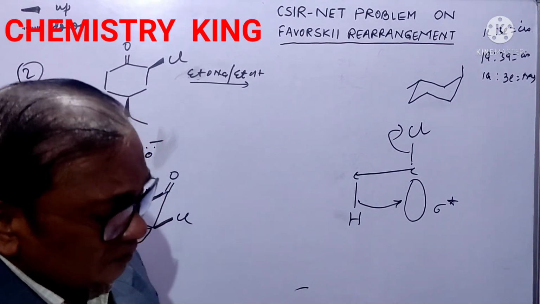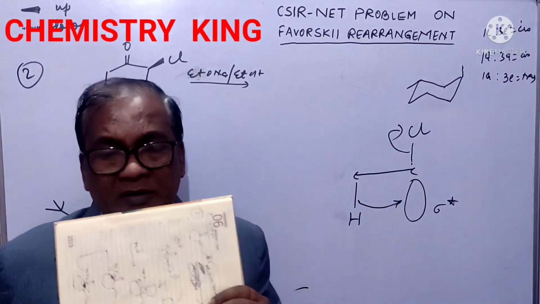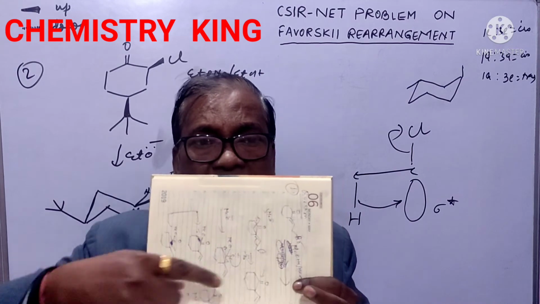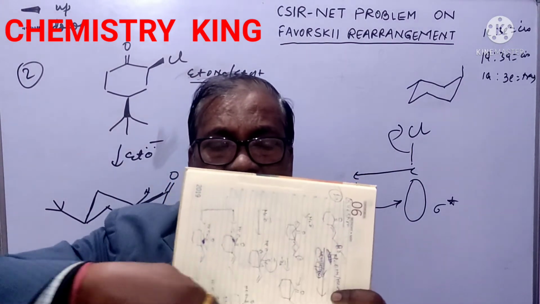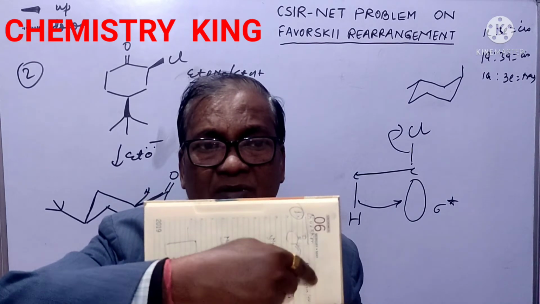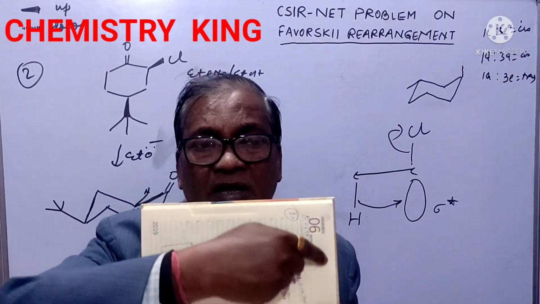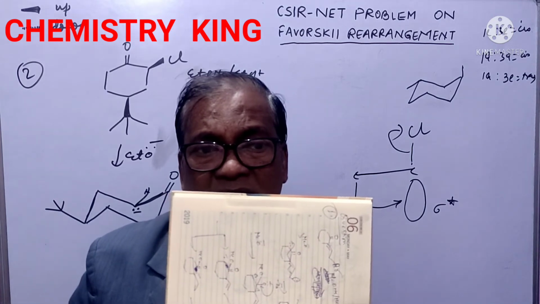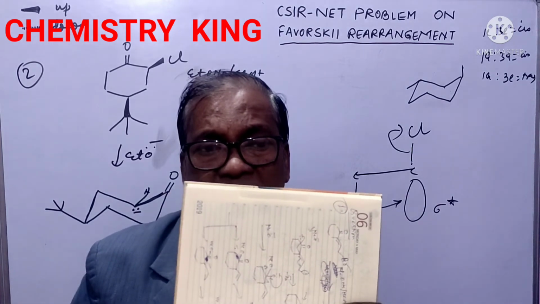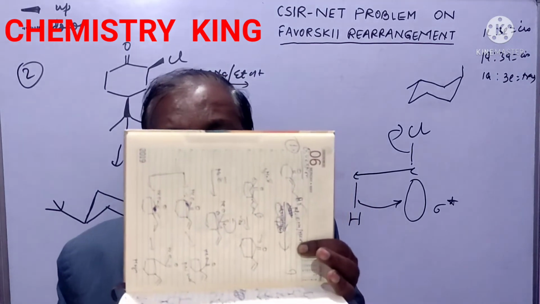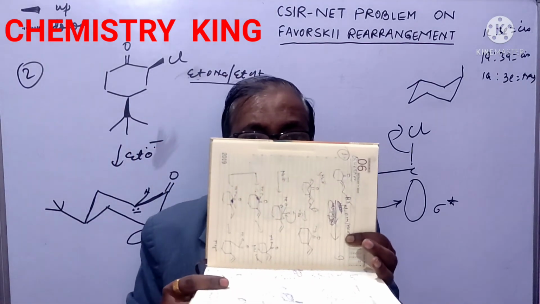Friends, suppose if you are looking, it is carbon, there is a single bond, carbon, single bond. And suppose chlorine is here and hydrogen is here, the angle will be 90 degrees if you are taking it in this fashion.